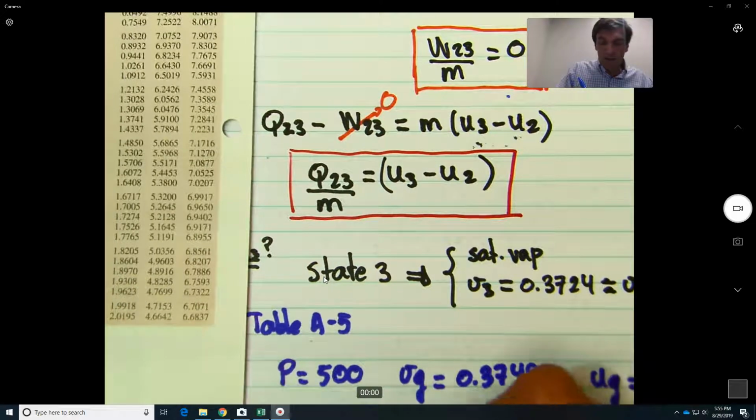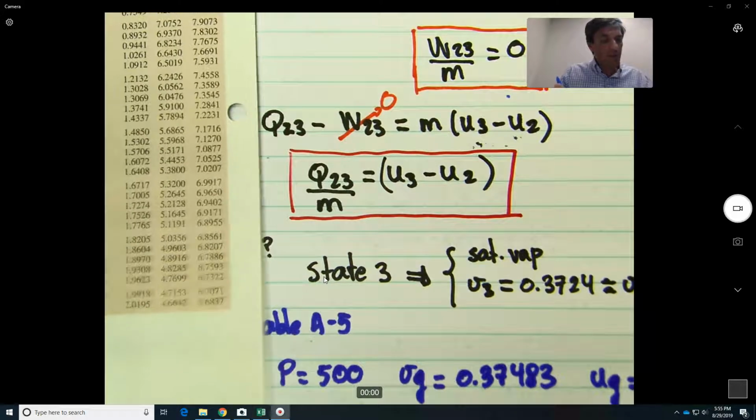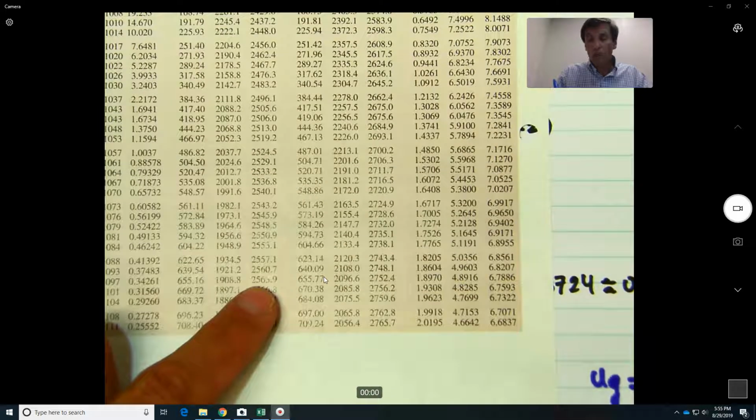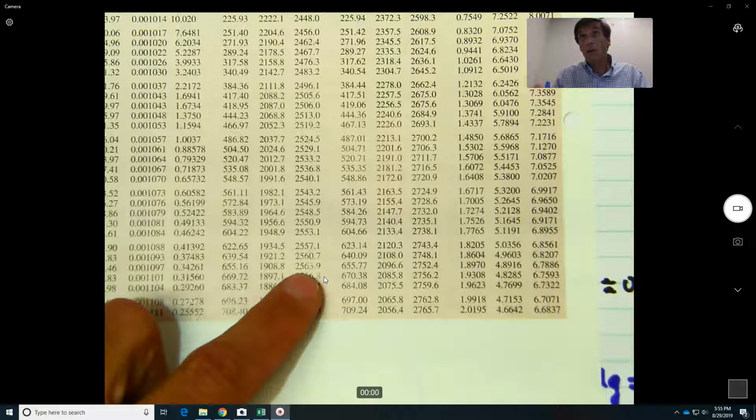This would be Vg is 0.34261, and Ug is equal to 2,563.9.